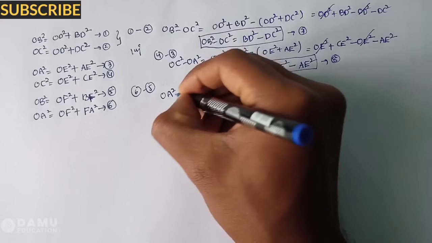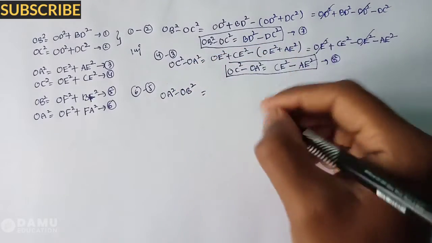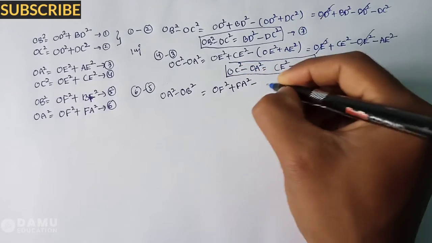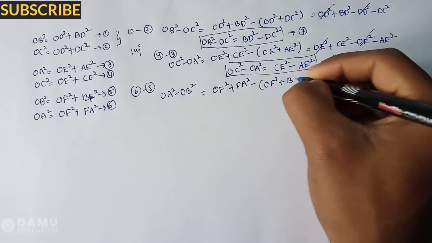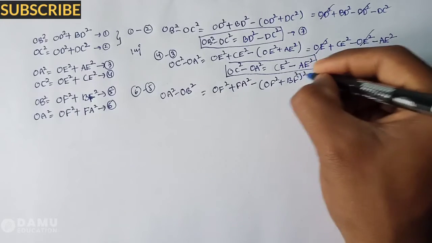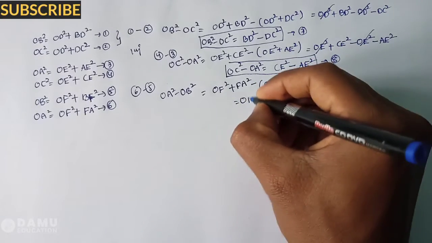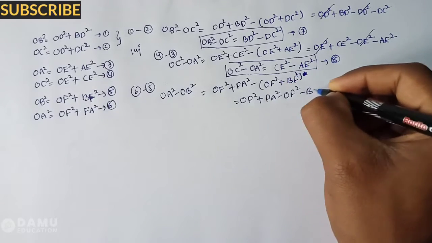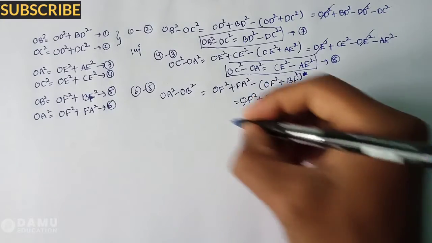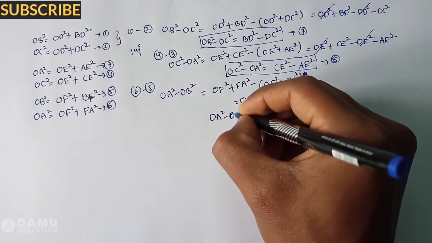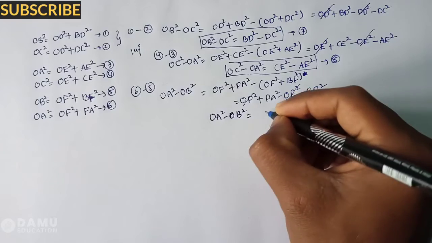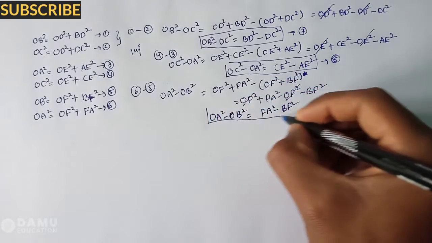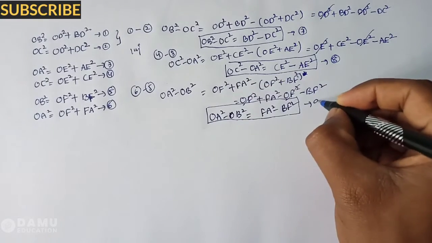So OA square minus OB square will be equal to OF square plus FA square minus of OF square plus BF square. OF square cancels, so OA square minus OB square will be equal to FA square minus BF square. Let's take this as equation 9.